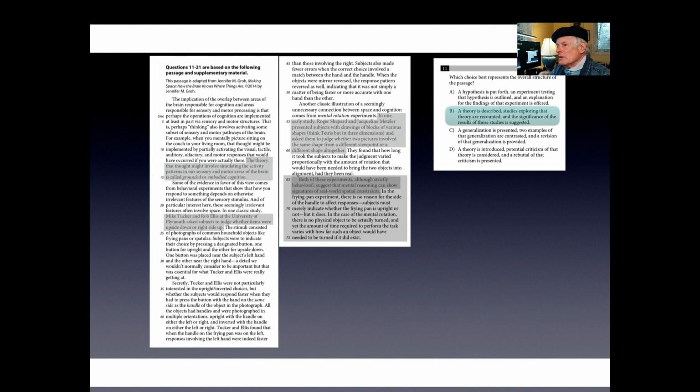So the important thing to realize is that the information to come up with the correct answer is in the passage. It's not in your head. You don't have to do a lot of thinking. You just have to find the information in the passage that is going to allow you to come up with the correct answer.